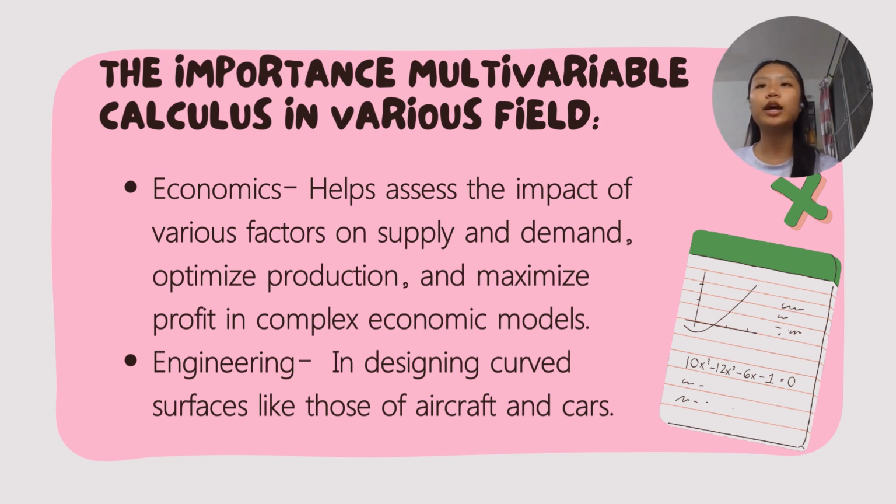The first point is economics: it helps assess the impact of various factors on supply and demand, optimizing products and maximizing profit in complex economic models. The second point is engineering, in designing structures and software like those of aircraft and cars.